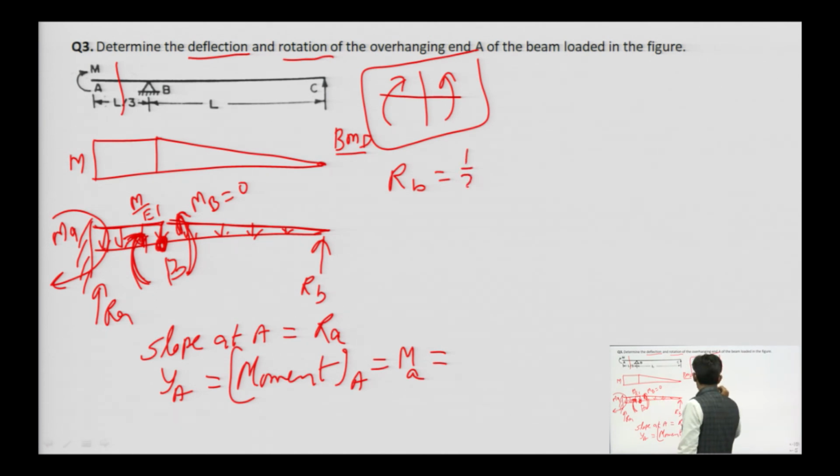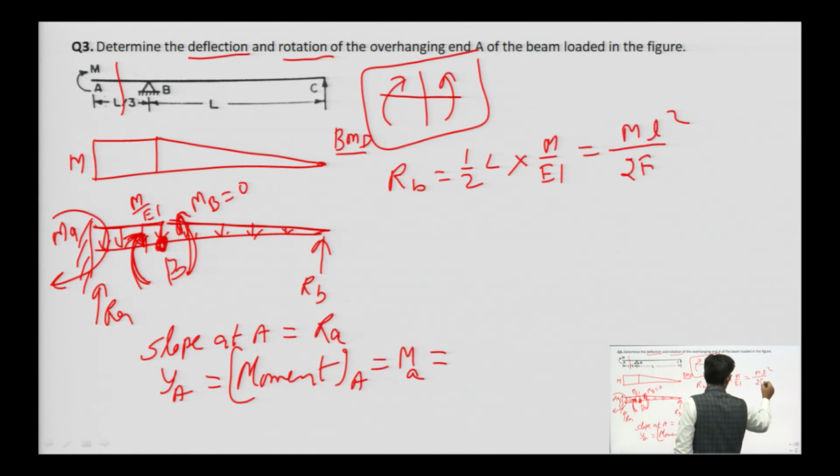So, it is 1 by 2 into length L into half L into M upon E I. So, R B is M L square by 2 E I.